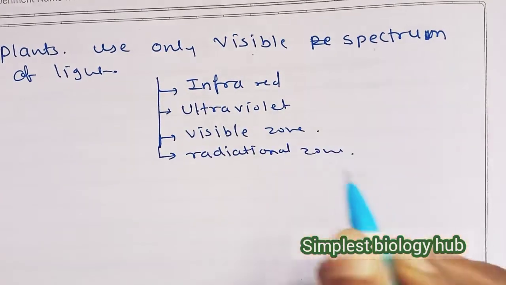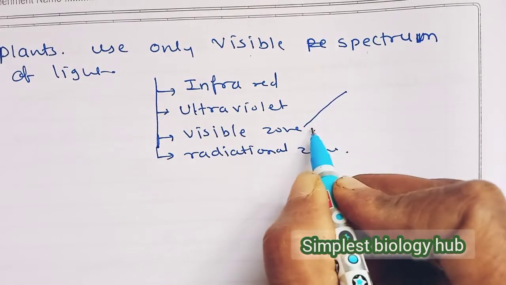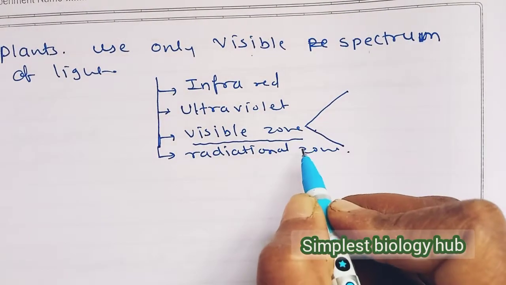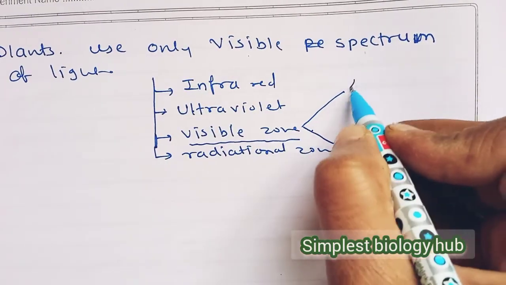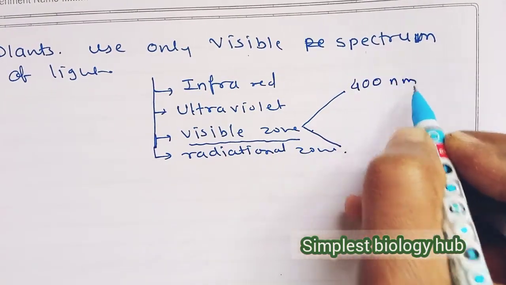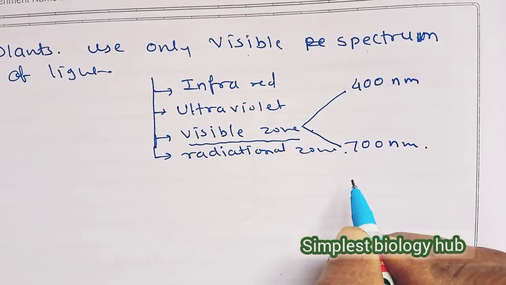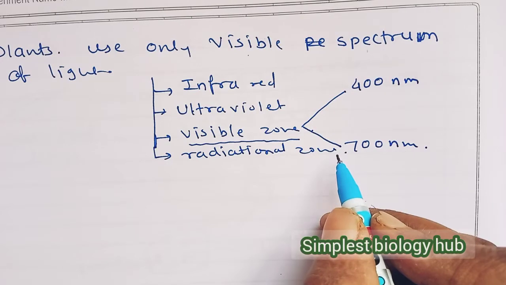There are a number of zones, but plants use only the visible zone of the light, and the range of the visible zone is from 400 nanometer to 700 nanometer. From this spectrum, they use the light energy for the process of photosynthesis.